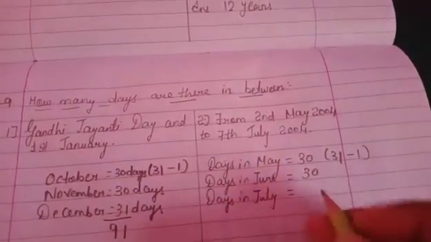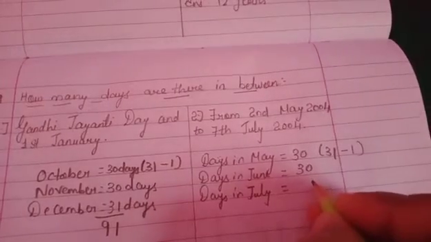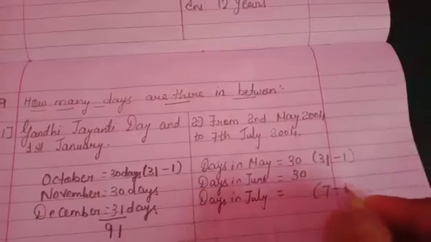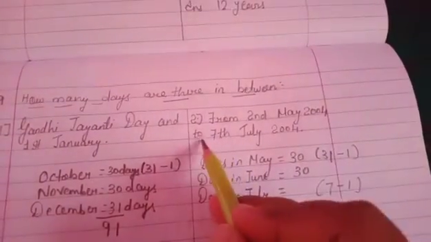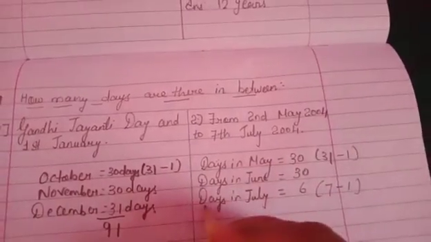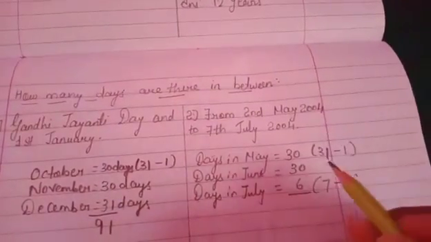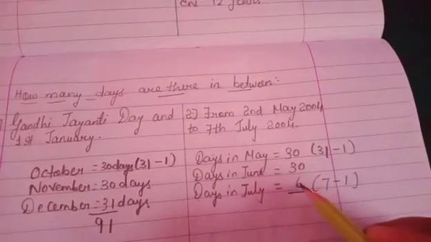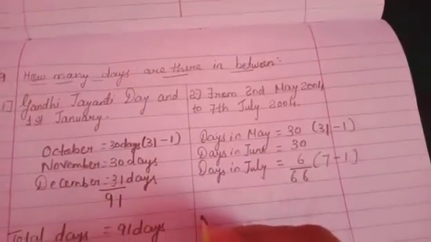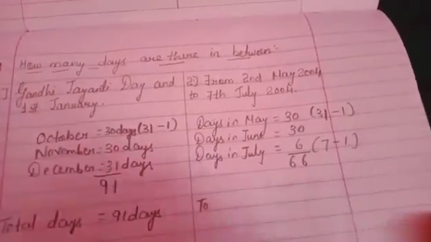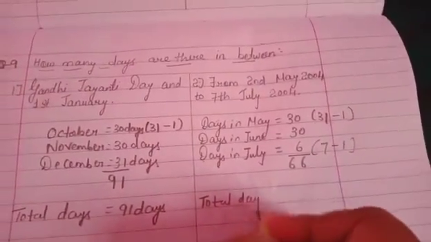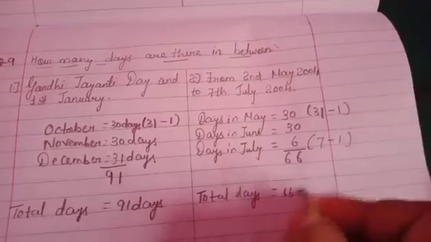Up to 7th July, so we have to consider only 6 days. 7 minus 1, up to only 6. So how many days happen? 0 plus 0, 0. 0 plus 6, 6. And 3 plus 3, 6. The total days equal 66 days.